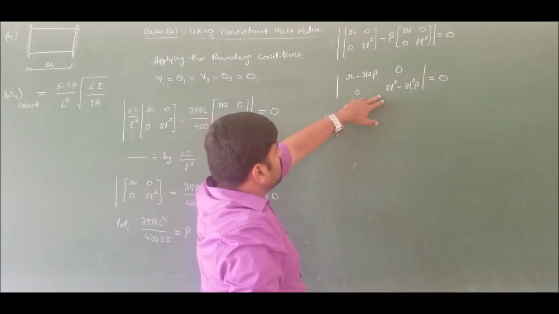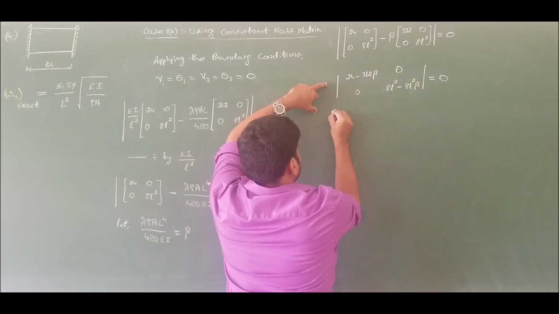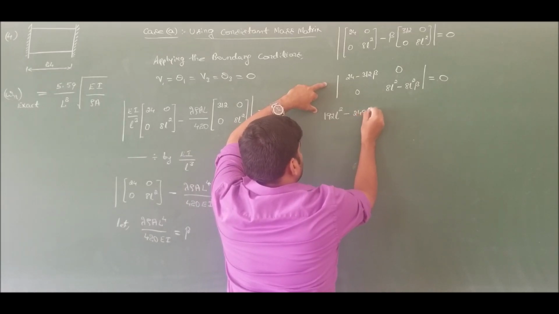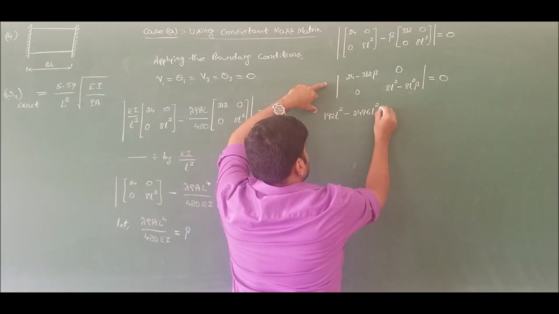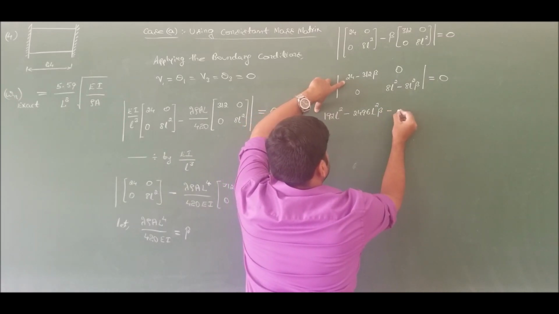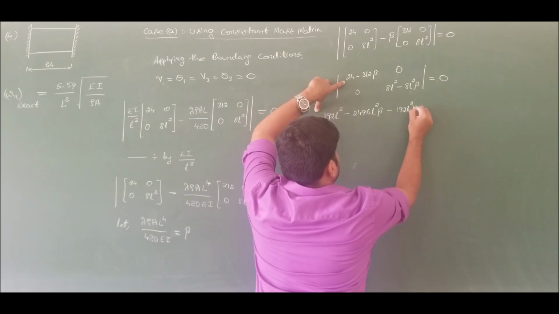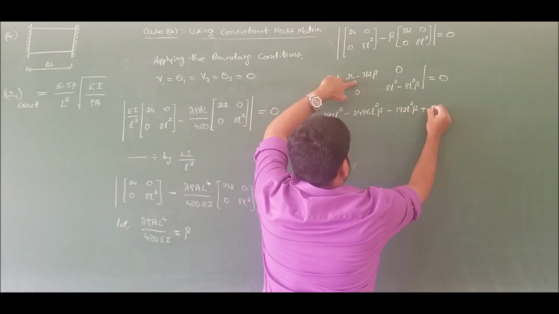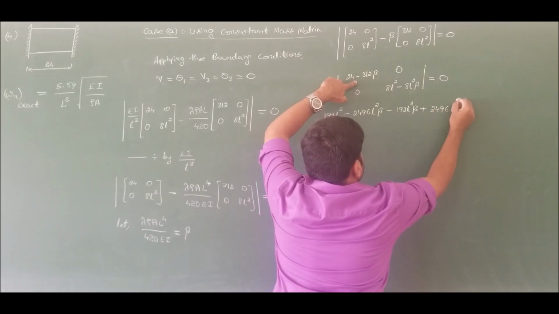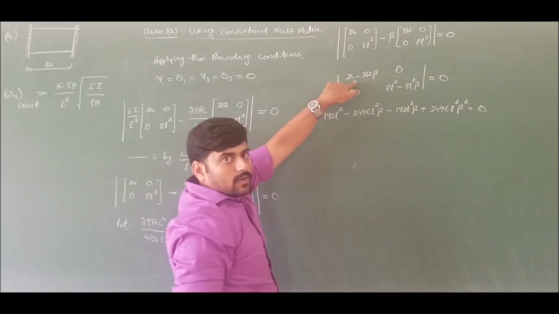Now if I find the determinant, I will get the equation as 192 L square minus 2496 L square beta minus 192 L square beta plus 2496 L square beta square is equal to 0.